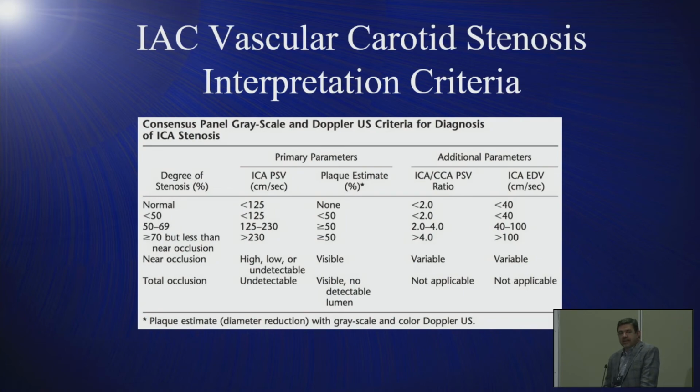And there's been many different labs use different criteria depending on which kind of camp you're in, whether you're Strandness or what have you. But IAC is trying to get a consensus together and standardize this process so that we are reporting more evenly across the literature.